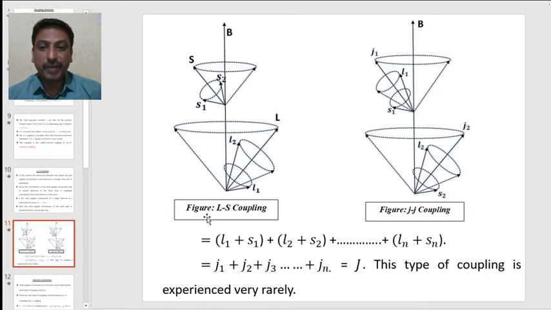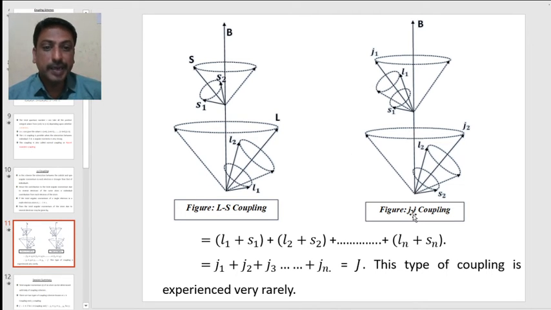In the figure representing LS coupling, you can see that L1 and L2, having two different magnitudes, precess about their resultant orbital angular momentum L, and this resultant L further precesses around the applied magnetic field B. Similarly, the spin angular momenta S1 and S2 precess around the resultant total spin angular momentum S, which further precesses around the applied magnetic field. The resultant L and S give the total angular momentum of an atom in LS coupling.